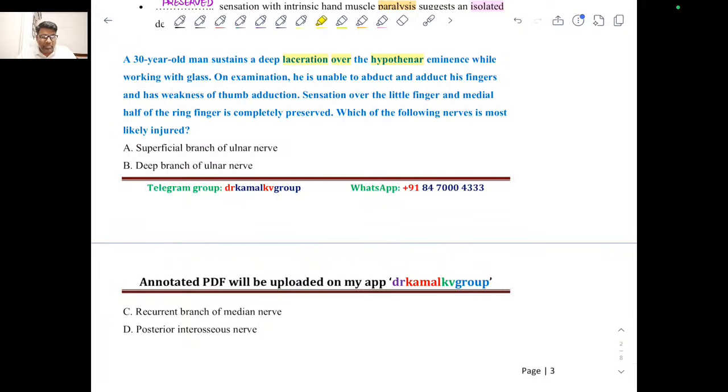On examination, he is unable to abduct and adduct his fingers, and there is weakness of thumb adduction. Sensations over the little finger and the medial half of the ring finger are completely preserved. Which nerve is most likely to be injured?